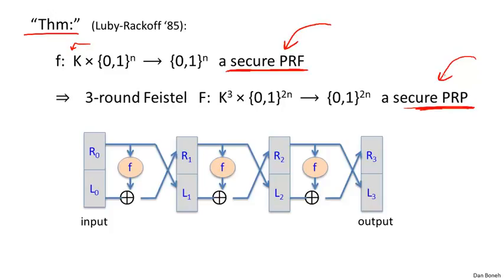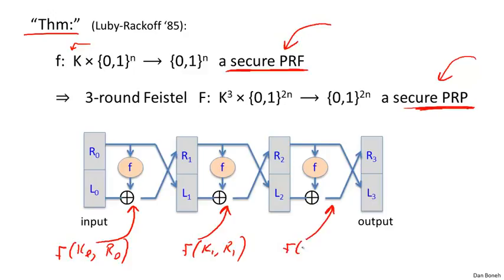Now let me explain in a little bit more detail what's actually going on here. So essentially, the PRF is used in every round of the Feistel network. In other words, here what's actually computed is the PRF using one secret key, K0. Here what's computed is the PRF using a different secret key, K1, of course applied to R1. And here we have yet another secret key, K2, applied to R2.